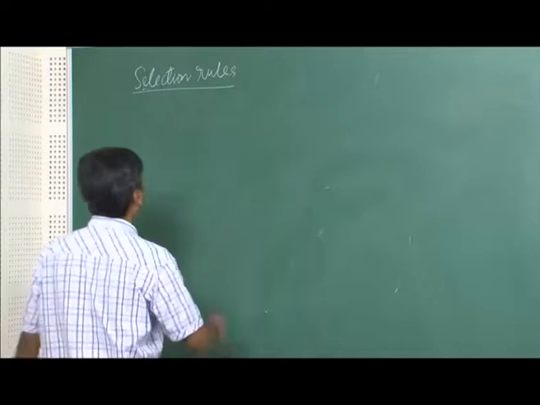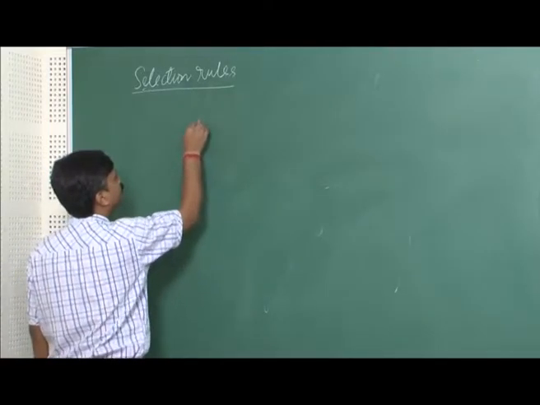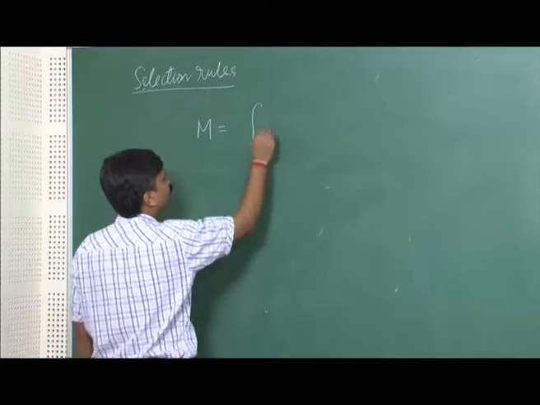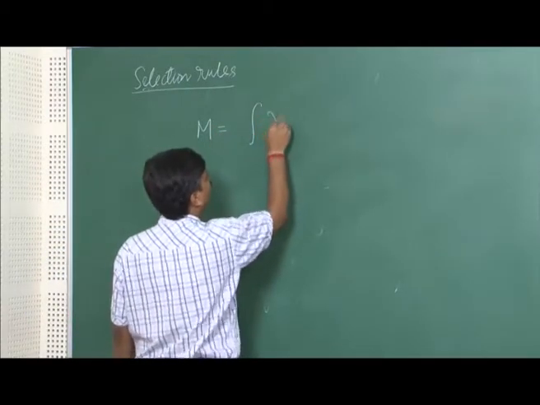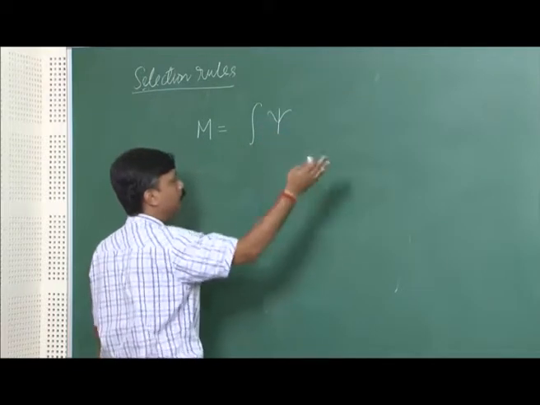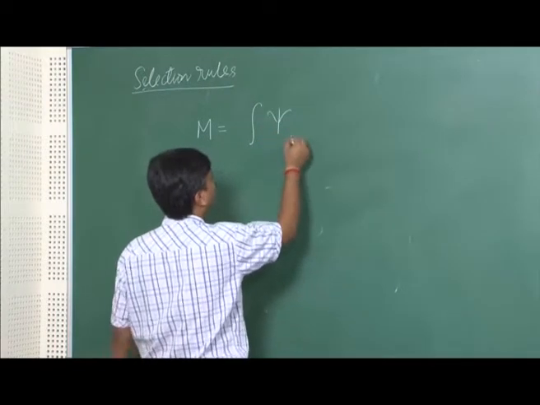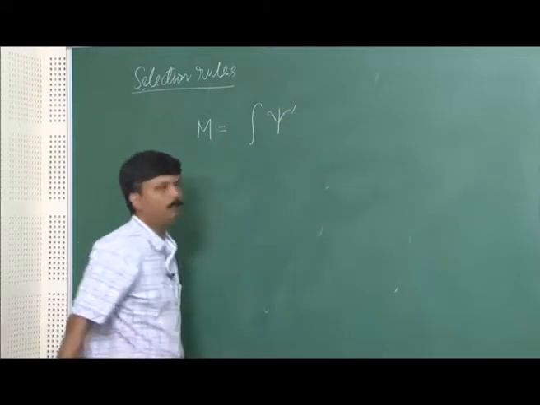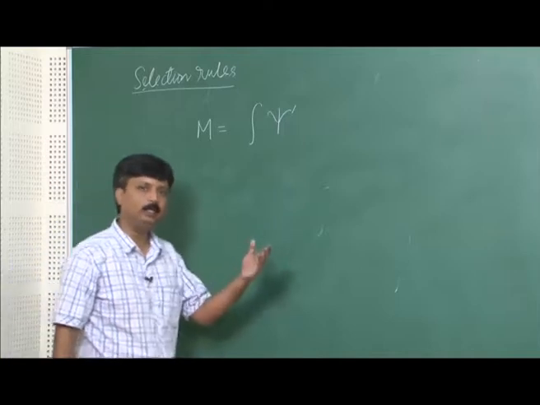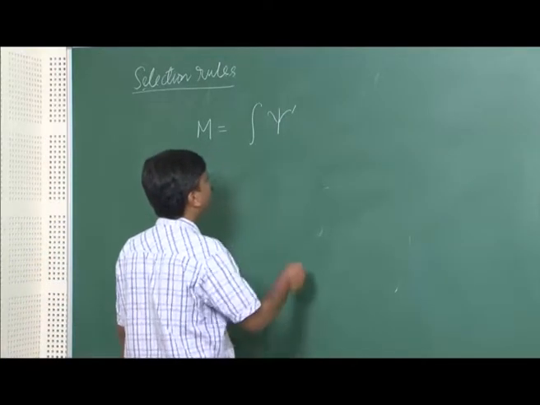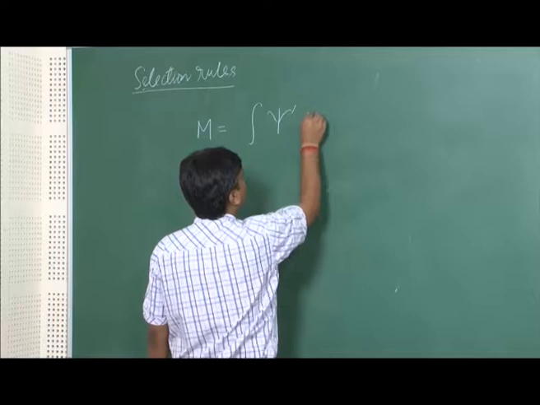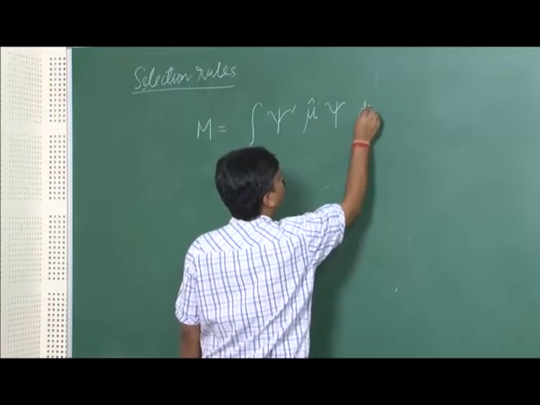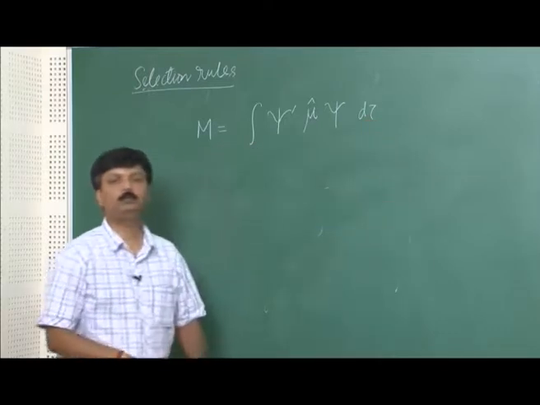So, if I write the transition moment integral for any electronic state overall, and say I write psi prime for the excited state and psi for the ground electronic state, then this is my transition moment.